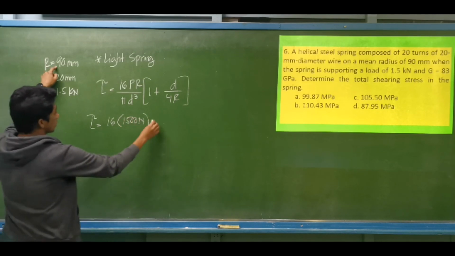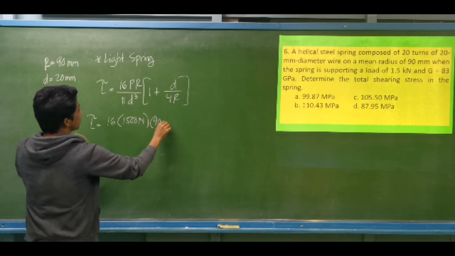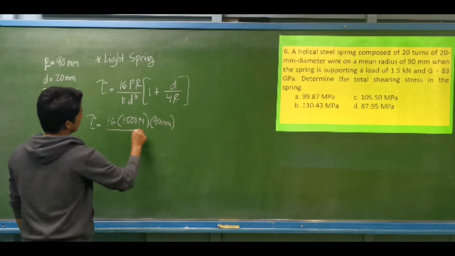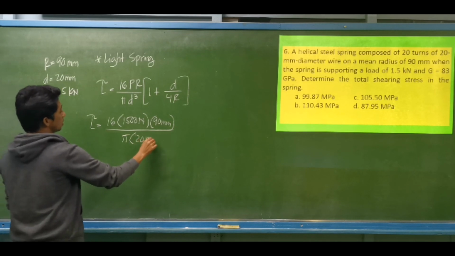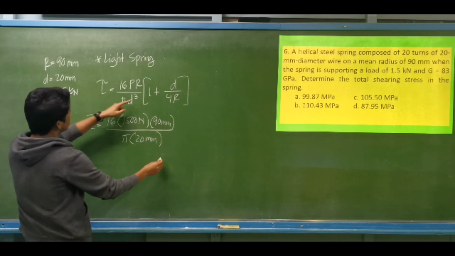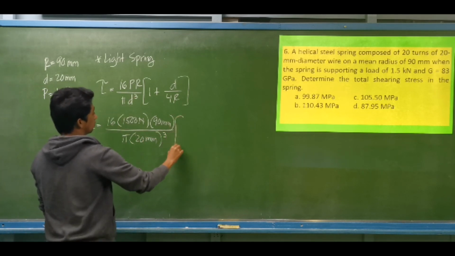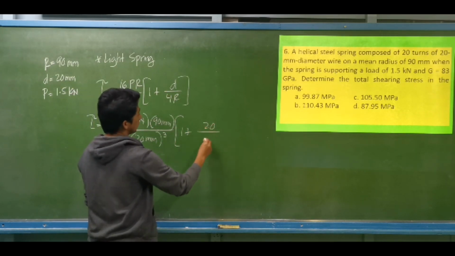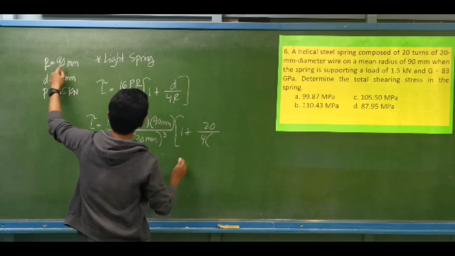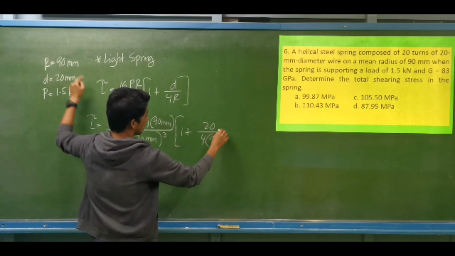The radius is 90 millimeters, divided by pi. The diameter of the wire is 20 millimeters, raised to 3, multiplied by 1 plus 20 divided by 4 times the radius, that is 90 mm.